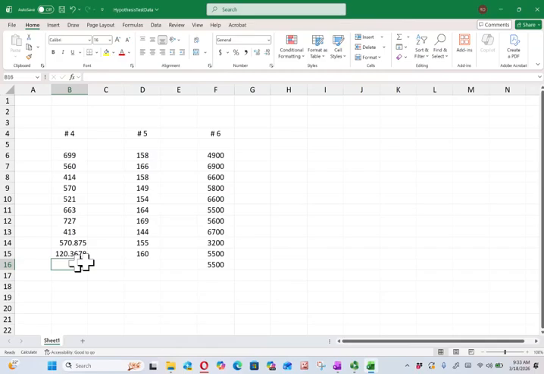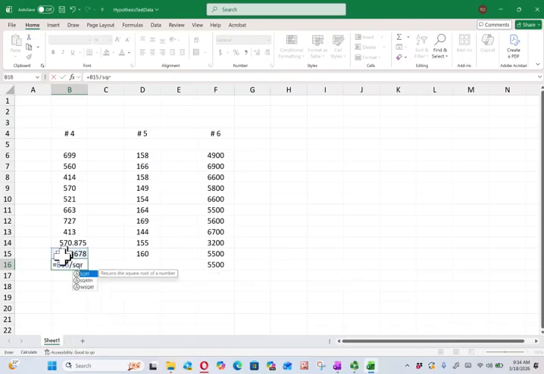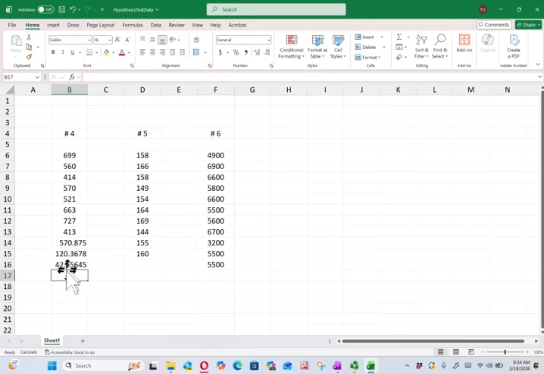Sample size is 8. 1, 2, 3, 4, 5, 6, 7, 8. Equals standard deviation divided by square root, SQRT, of 8. And the standard error of the mean is 42.55.